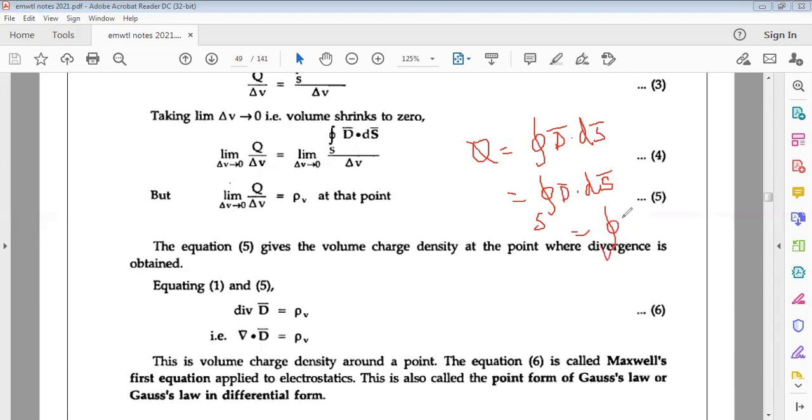Volume integral is del dot D bar into dV. Whatever the term we have in the dot product of the surface, you can keep the dot product with the del of it. So surface integral changes to the volume integral. So now we got Q is equal to integral del dot D bar into dV.